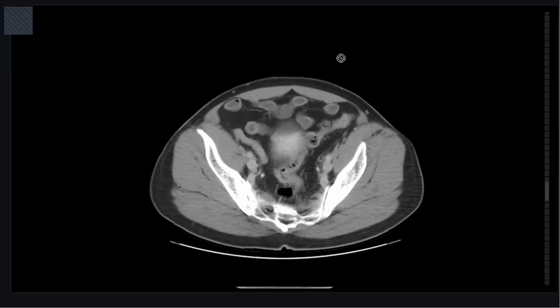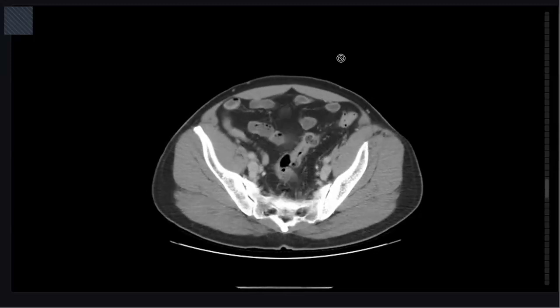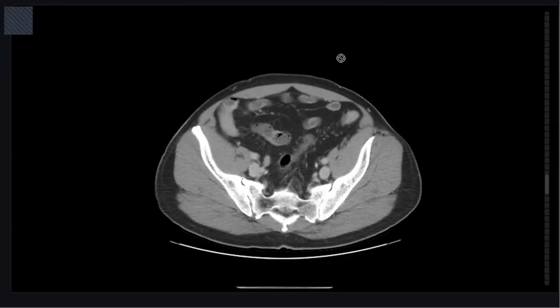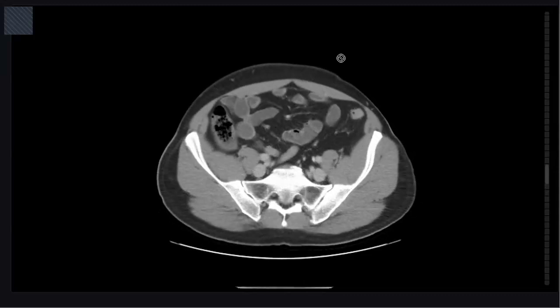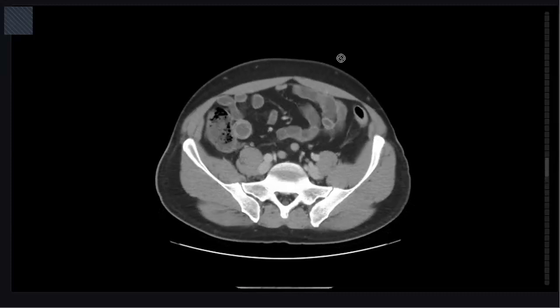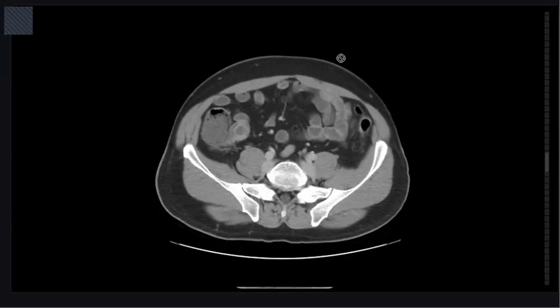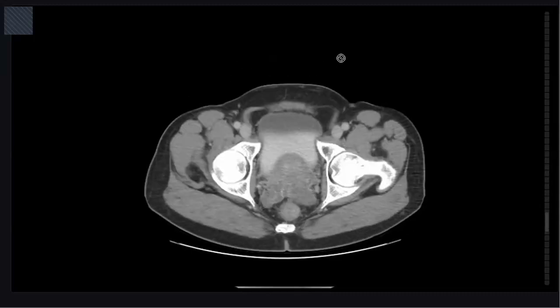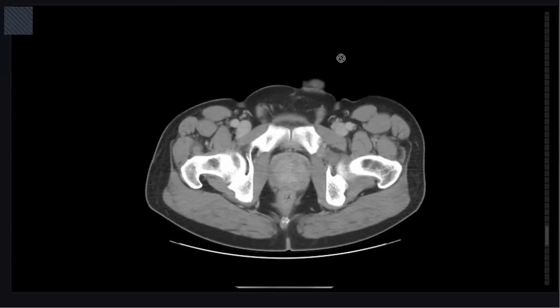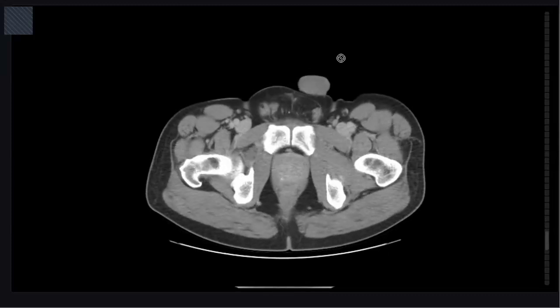There is fat stranding at this region, and also I can see there is a small bowel area showing... sorry, there is lag in the scrolling.